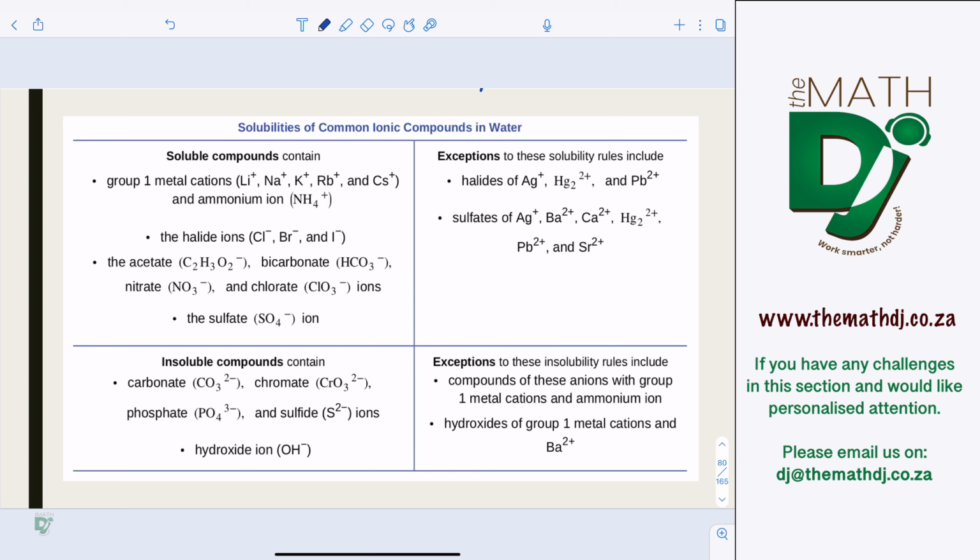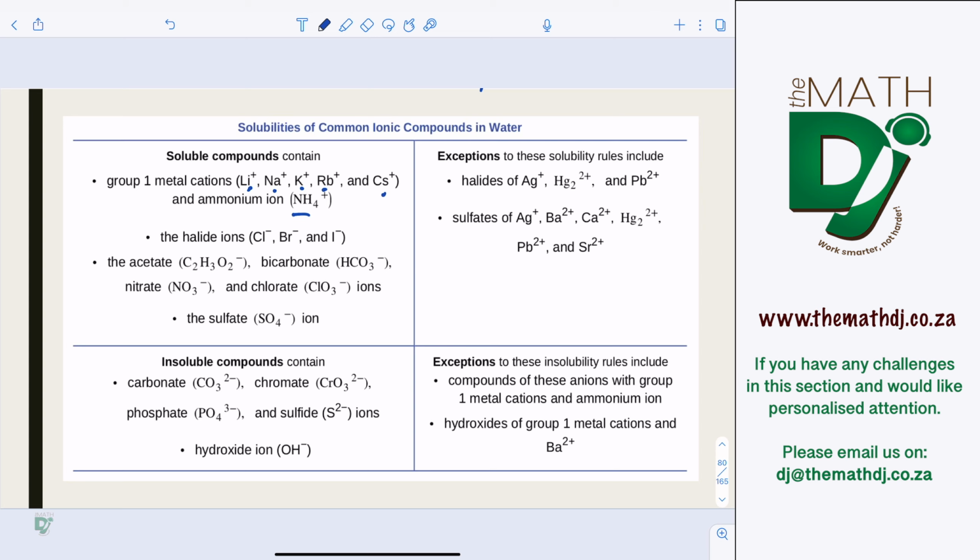So, solubilities of common ionic compounds in water. You can see the soluble compounds: lithium, sodium, potassium, and ammonium.